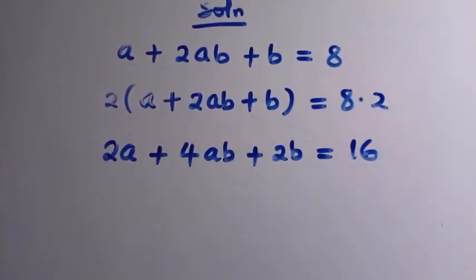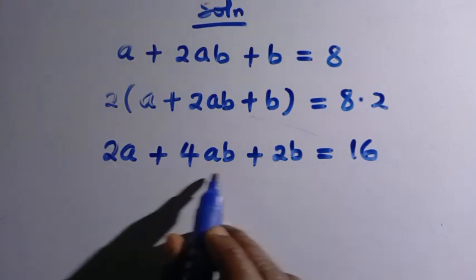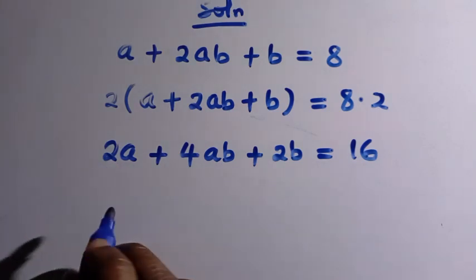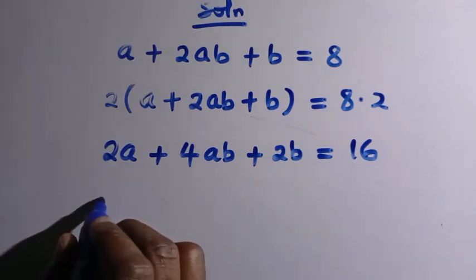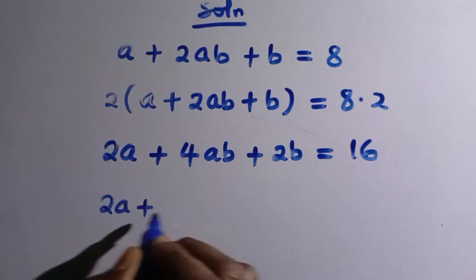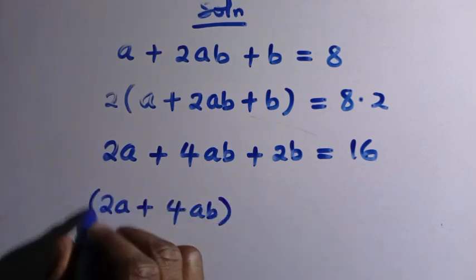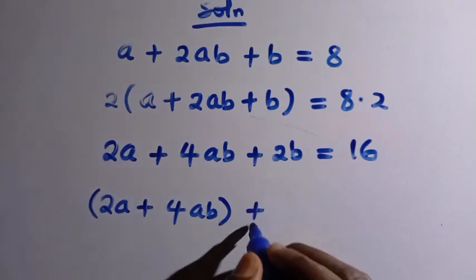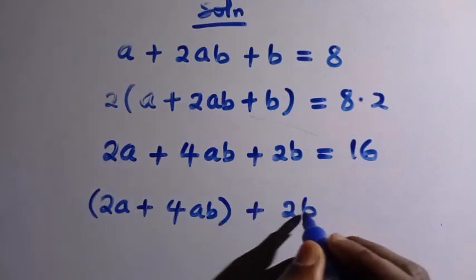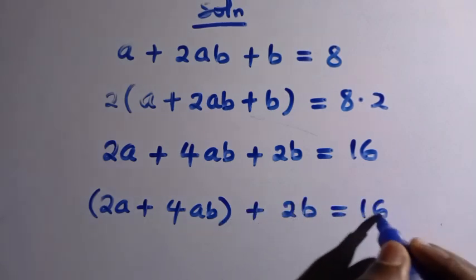Then let's try and group the first and the second entry. We have 2a plus 4ab, so we put this in parentheses, plus 2b equals 16.